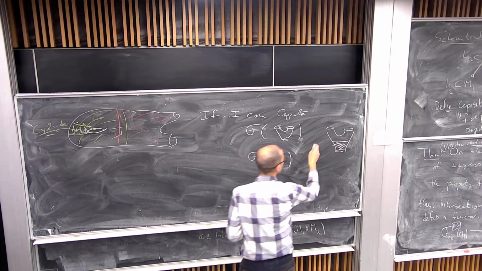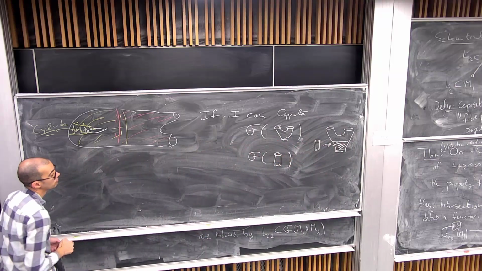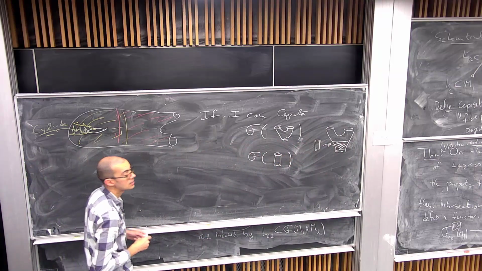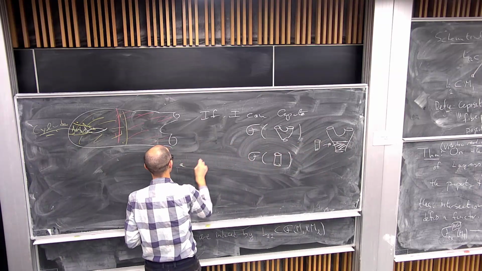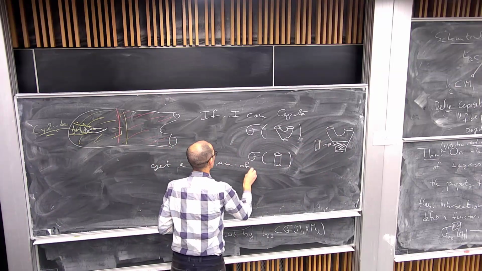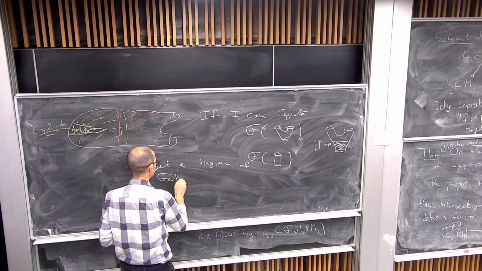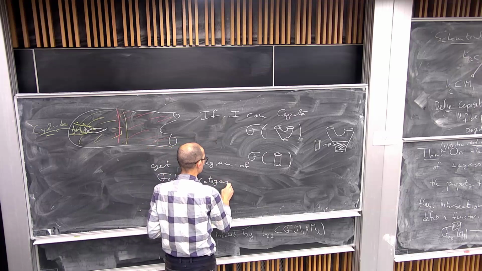And that's an inclusion. Cylinder inside there. So then I get out of this surface some kind of diagram of categories that I can compute.